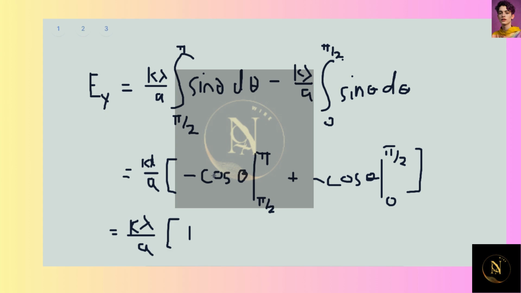Cosine of pi over 2 is 0, so we don't need to worry about that. Plus minus cosine of pi over 2 is 0. And then minus minus cosine of 0 should just be 1. So we should see 0 here.